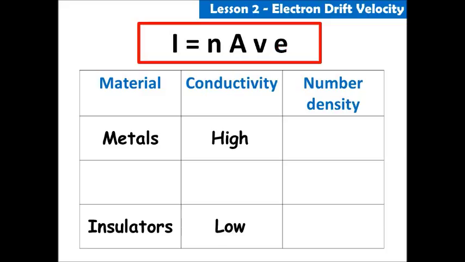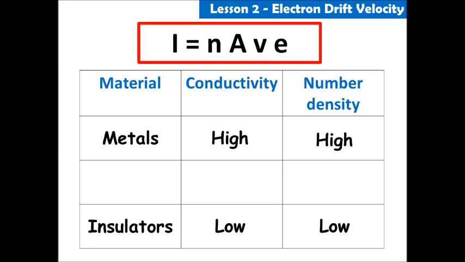So if we're assuming both for metals and for insulators that A, v and e are the same, then for metals I can be high only if n is high. And that means the number density must be high. Likewise, for insulators, if the conductivity is low, that means the current is low, and therefore we must have a low number density, a low number of electrons per meter cubed.